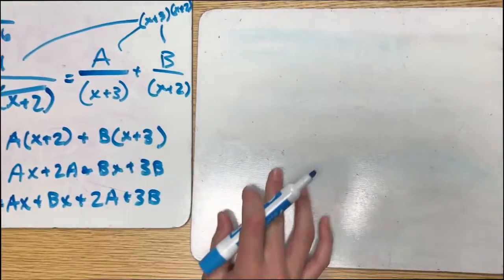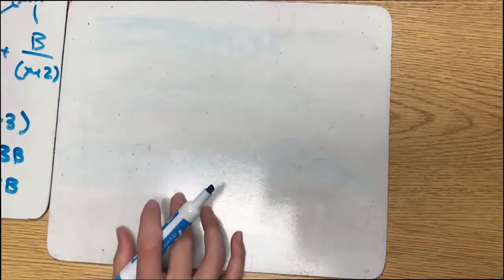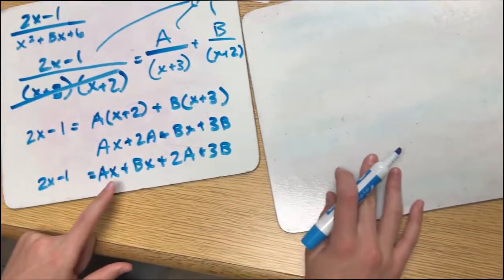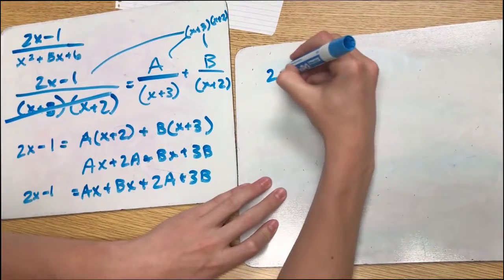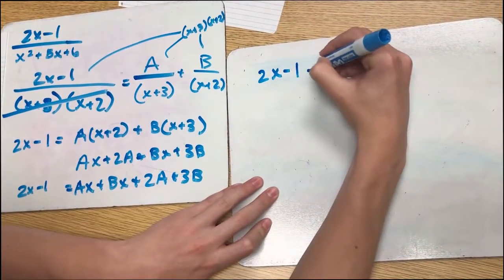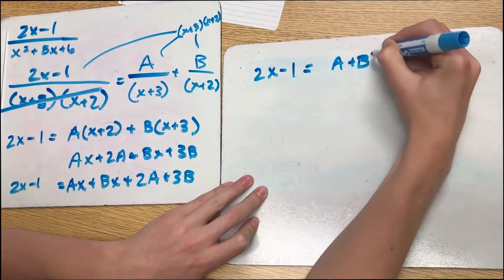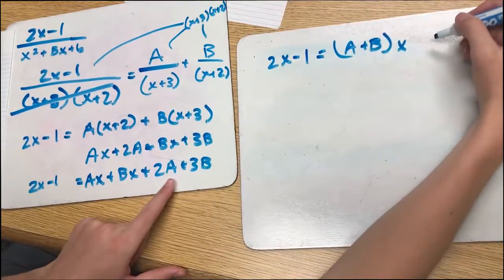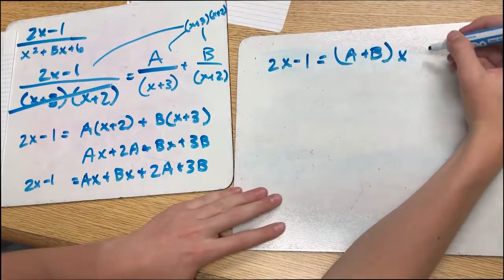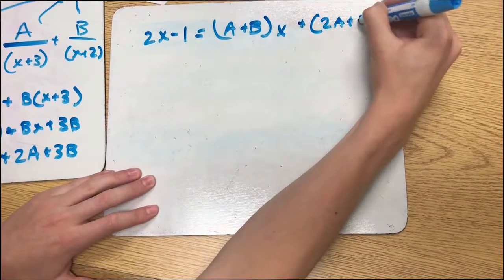Now we are going to take out an x from the ax and bx. So we'll get 2x minus 1 equals a plus b times x, and then we put the 2a and 3b together, so we get 2a plus 3b.